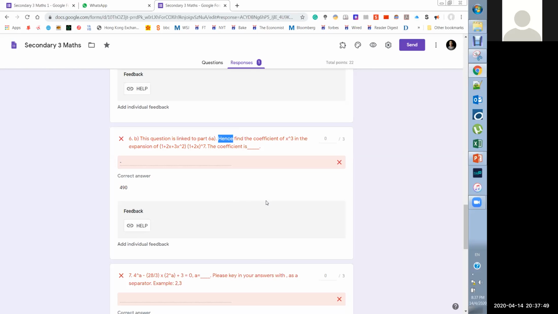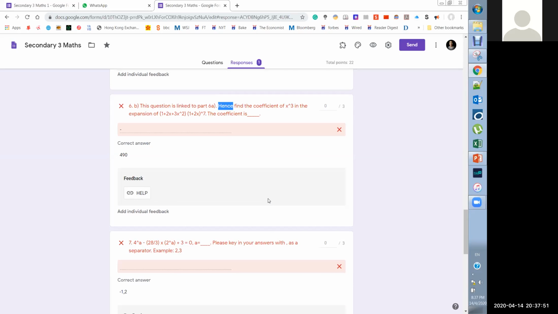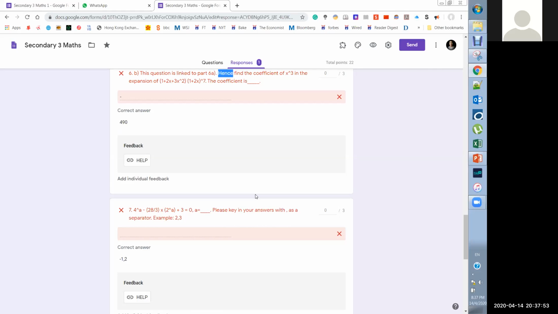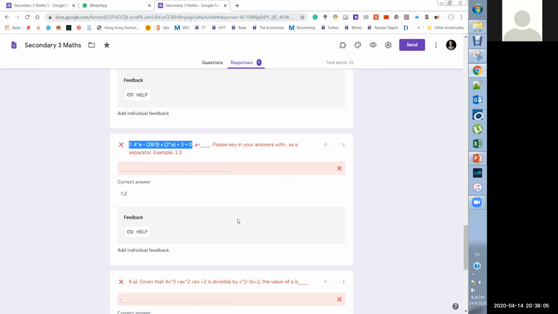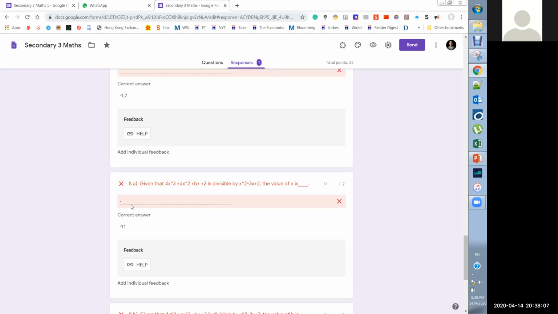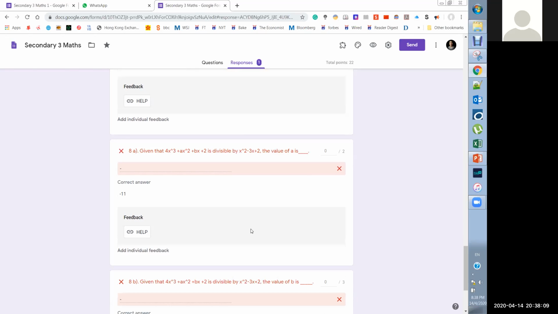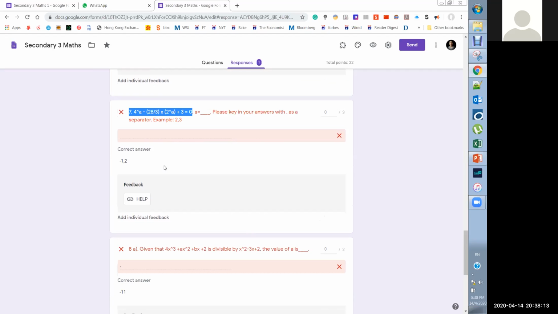Okay, so let's continue. Last question, question 7. It says you have this quadratic equation. Is this quadratic? No, polynomial. Yeah, this one. You left this polynomial blank. How about the question in front? 7.4, this one.